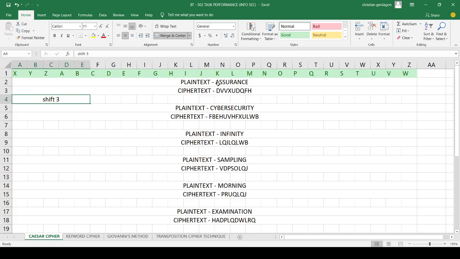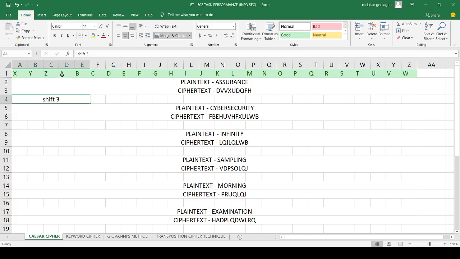Based on letter A, we base the plain text on this green, and the ciphertext is the letter above in green.